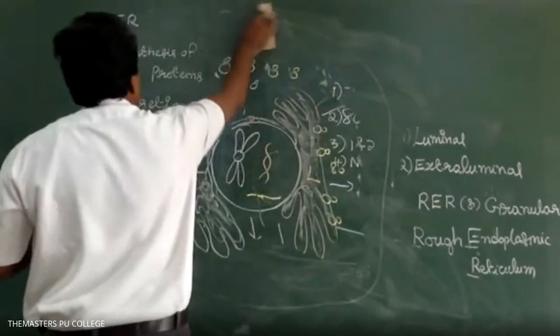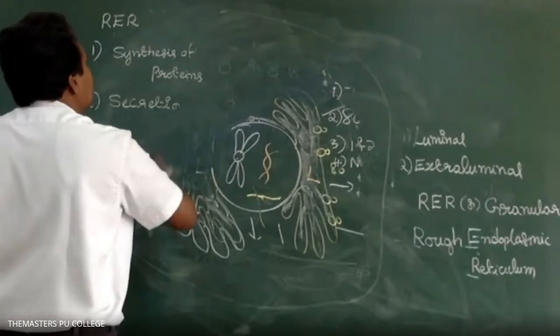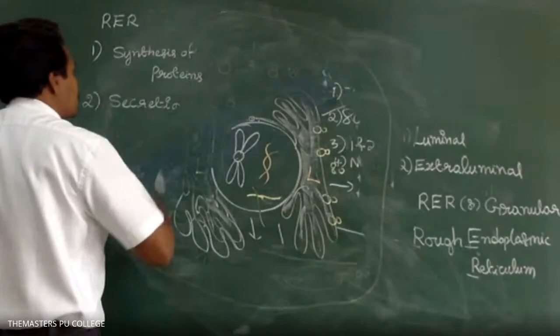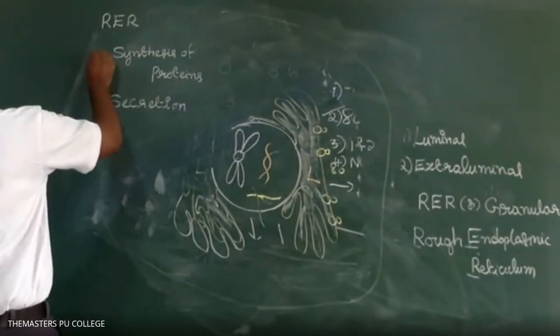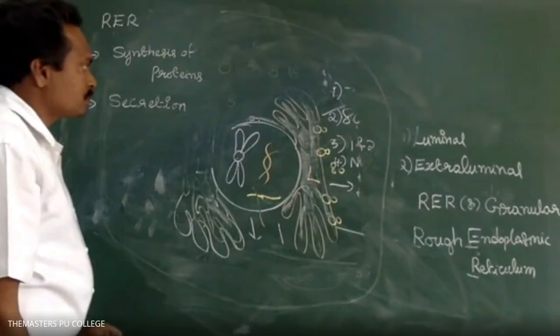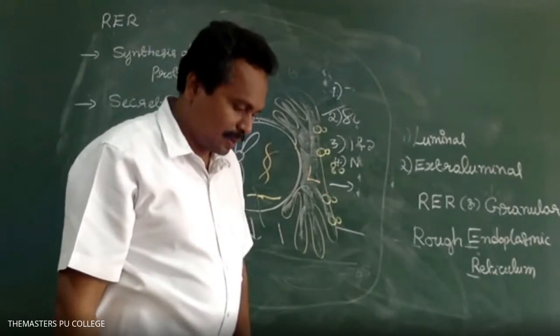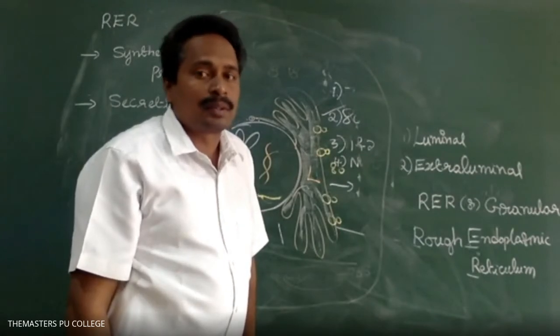So what is the function of the endoplasmic reticulum? The rough endoplasmic reticulum is involved in the synthesis of proteins and the secretion process. Sir, secretion of what, sir? Secretion of some of the substances. For example, yesterday we discussed the secretion process, no?